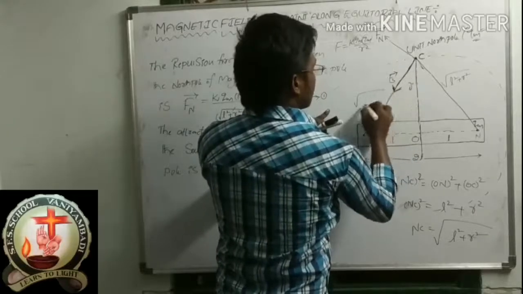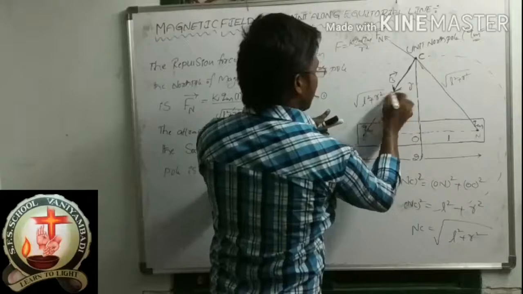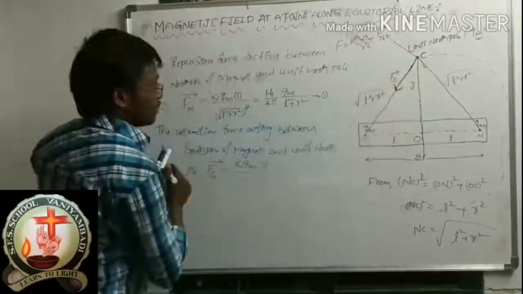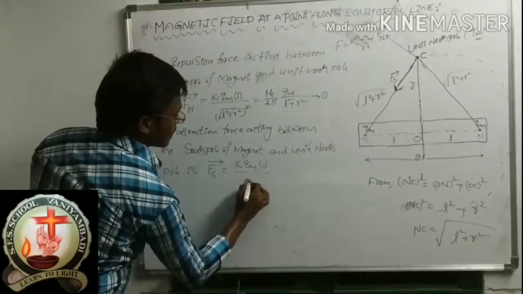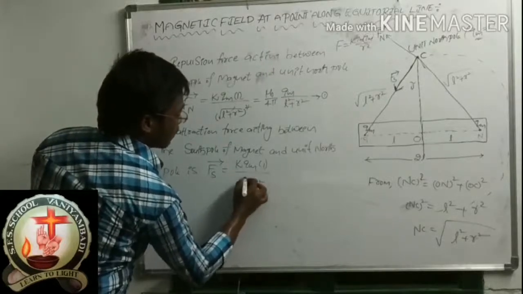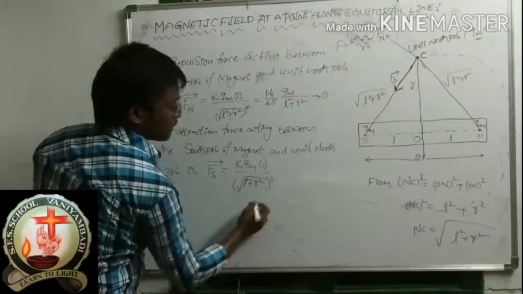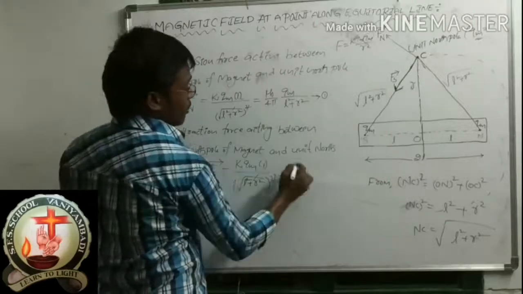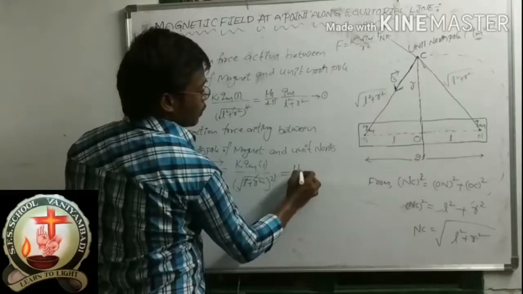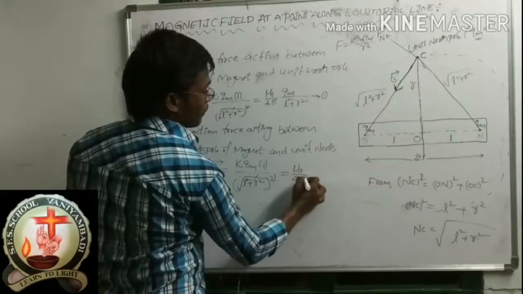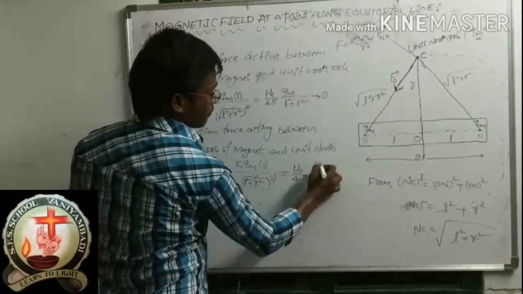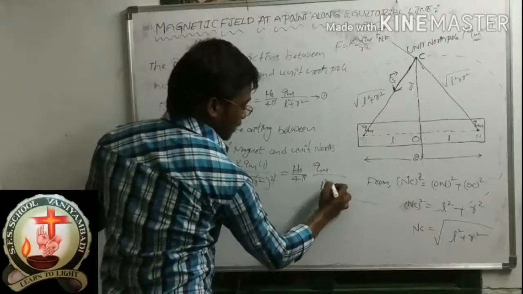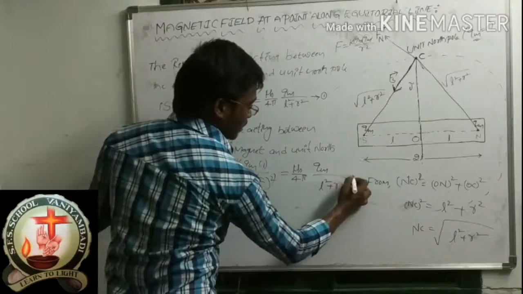So in the place of R I am substituting this value, under root L square plus R square whole square. So square root cancels. So K value how much? Mu naught by 4 pi. And Qm is Qm only by L square plus R square, equation 2.